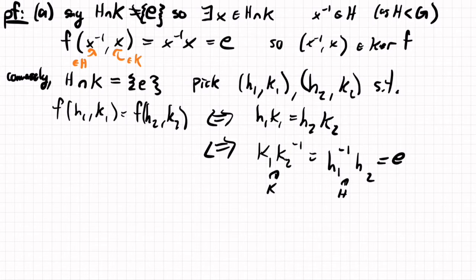And so because it's the identity, we can just say now, K1 K2 inverse equals the identity. That means that K1 equals K2. And similarly, H1 equals H2.